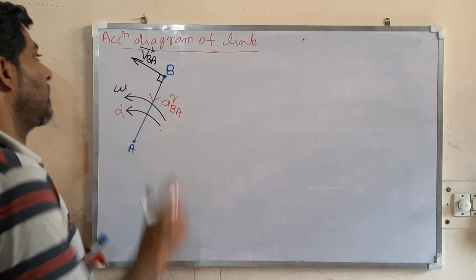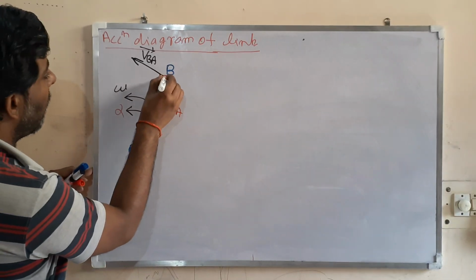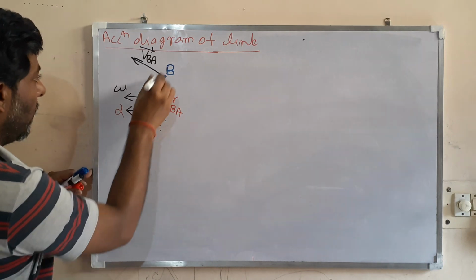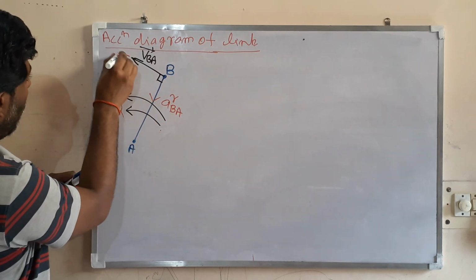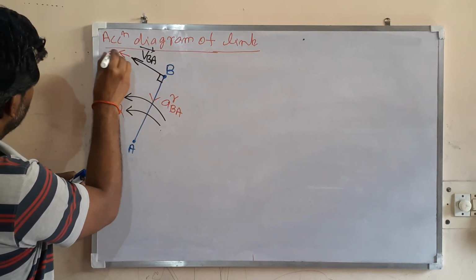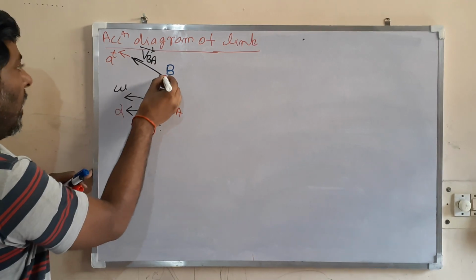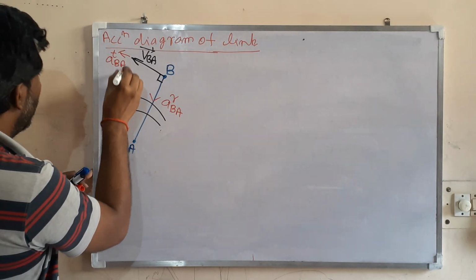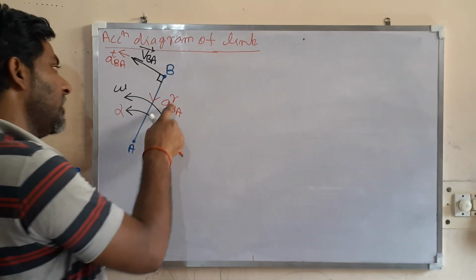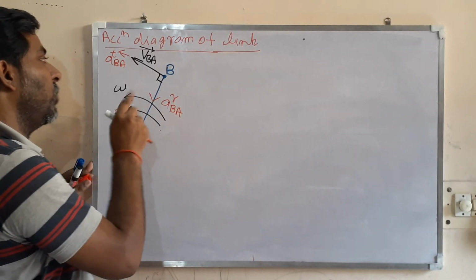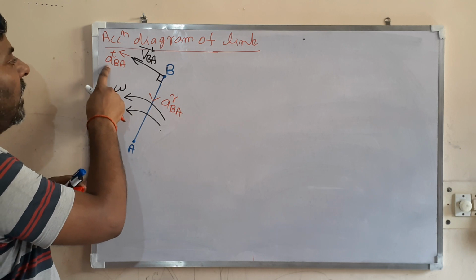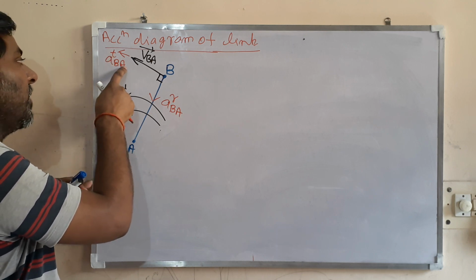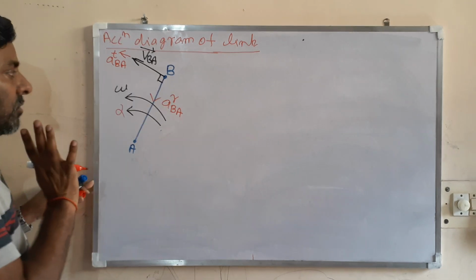Let us take acceleration. So AT will be along the direction of velocity, perpendicular to AB. So this tangential acceleration of B with respect to A is along this direction. This is the radial acceleration of B with respect to A, and this is the tangential acceleration of B with respect to A.